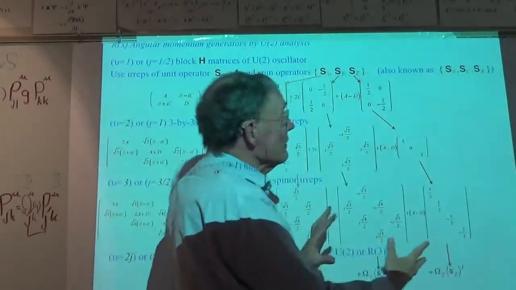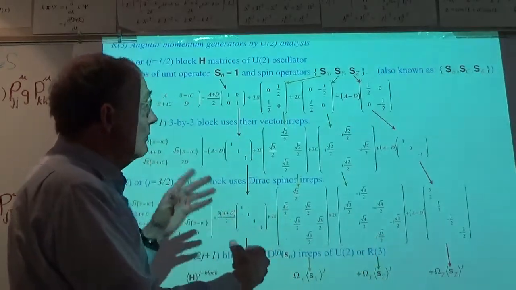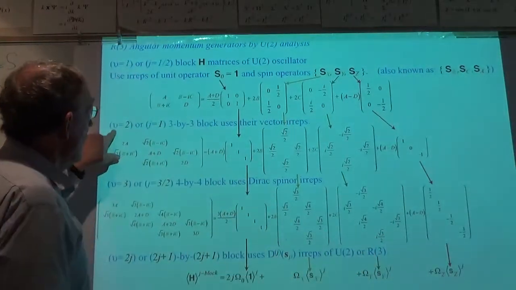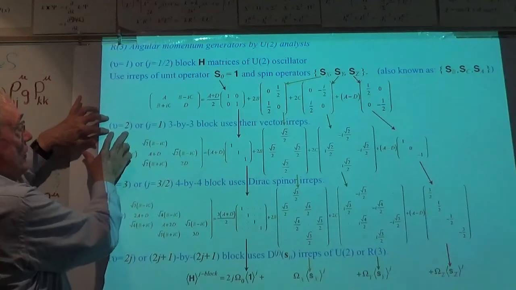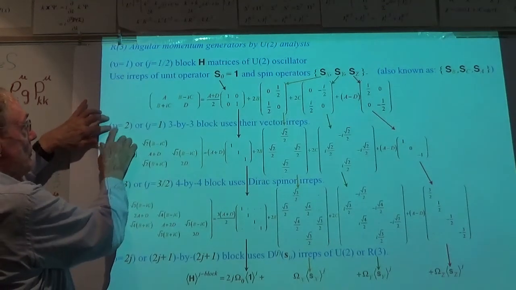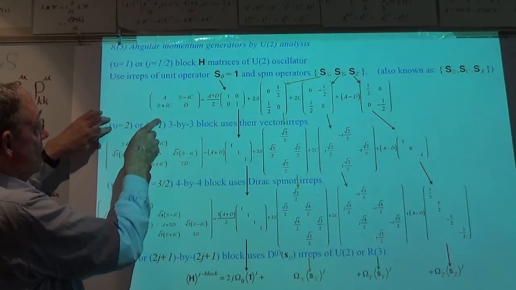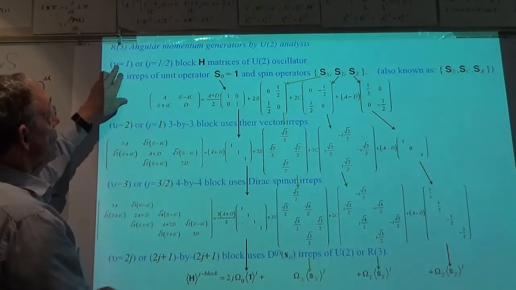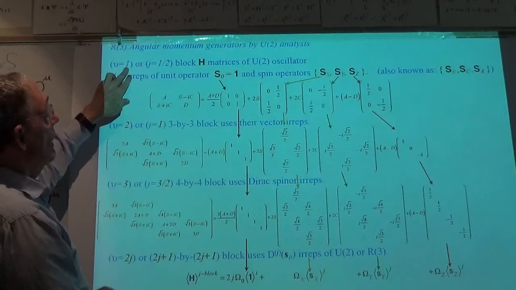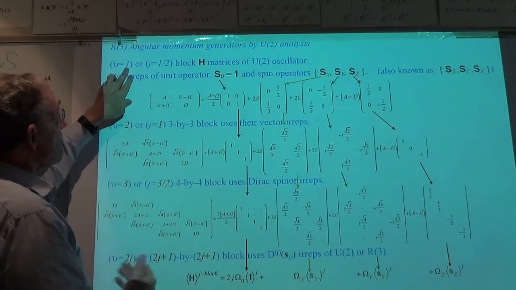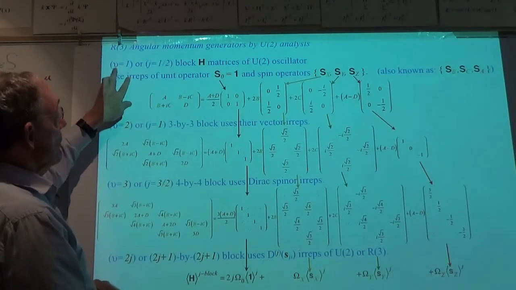But we reorganize it so that we only have the collected states in each block to correspond to a total of the n1 plus n2. So here, n1 plus n2 is 1. And there are 2 ways to do that, 1, 0, and 0, 1.